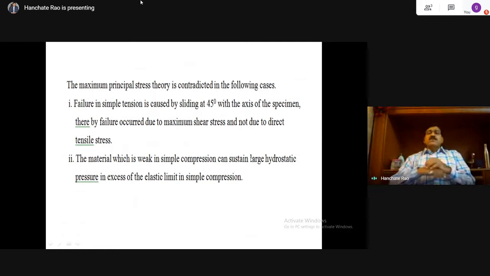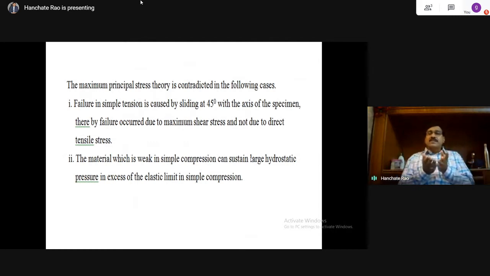The maximum principal stress theory is contradicted in the following cases. Failure in simple tension is caused by sliding at 45 degrees with the axis of the specimen. Thereby failure occurred due to maximum shear stress and not due to direct tensile stress. So when the failure is by sliding at 45 degrees, the failure is due to shear stress and not due to direct major principal stress or direct tensile stress.